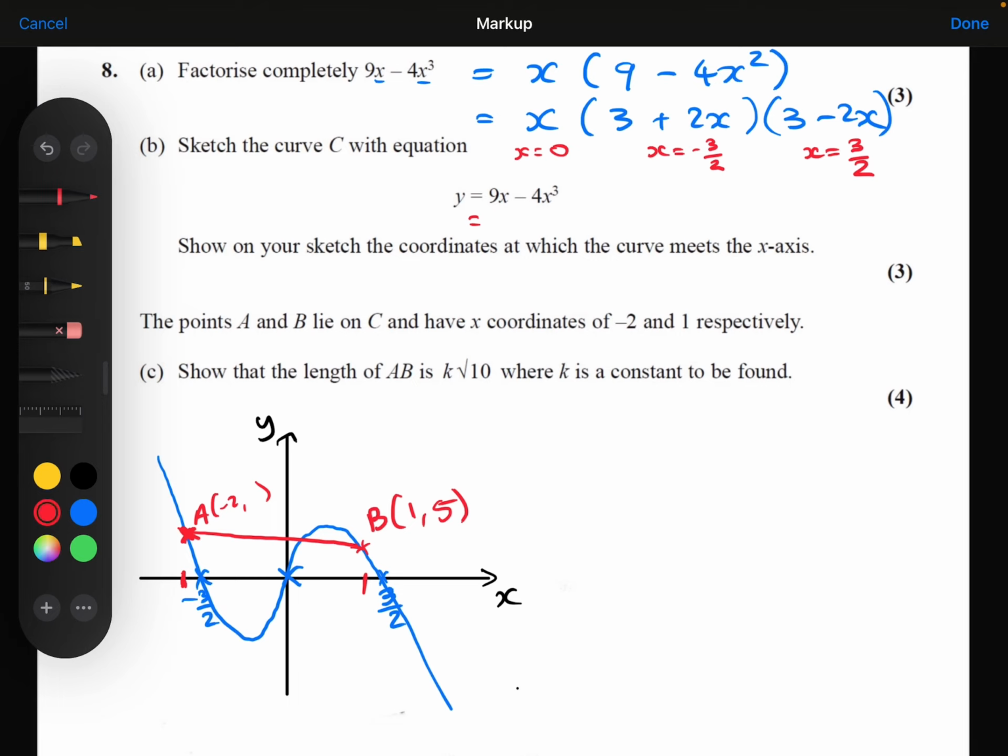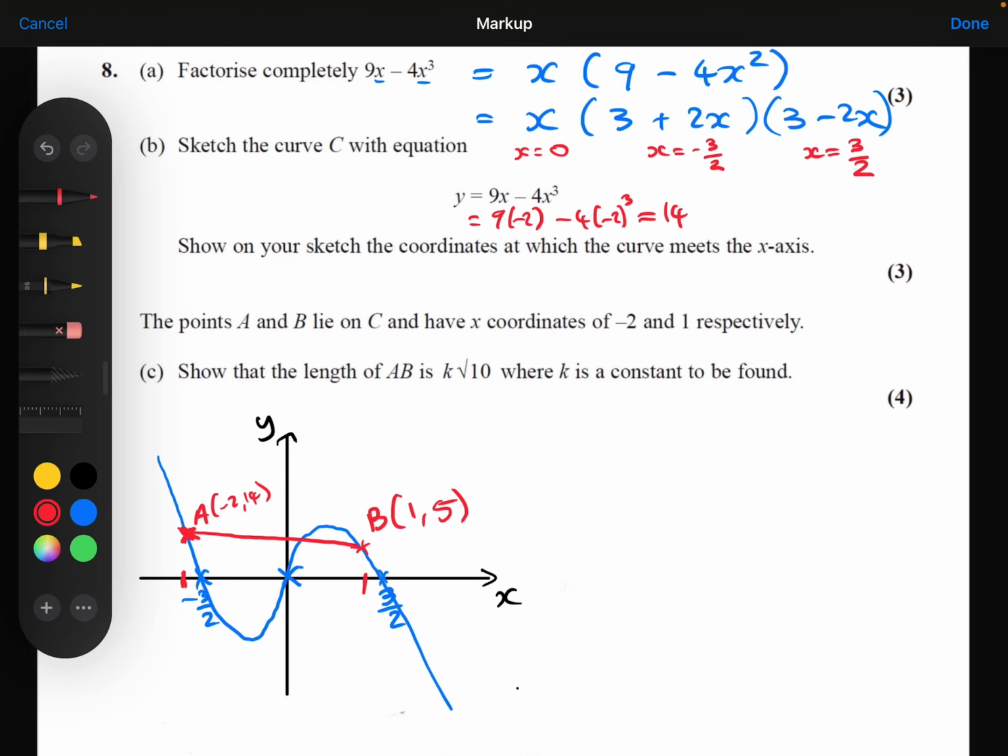Now for the y coordinate at A. Remember, x is minus 2 at A, so if I substitute minus 2 into the function, 9 times minus 2 minus 4 times minus 2 cubed. So that gives me 14. So the y coordinate there is 14.